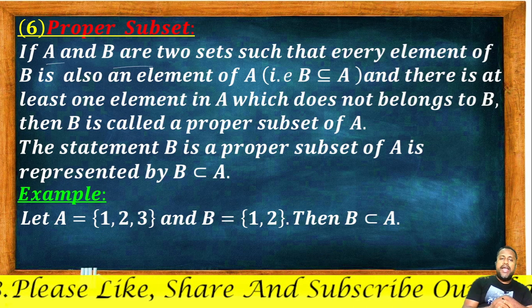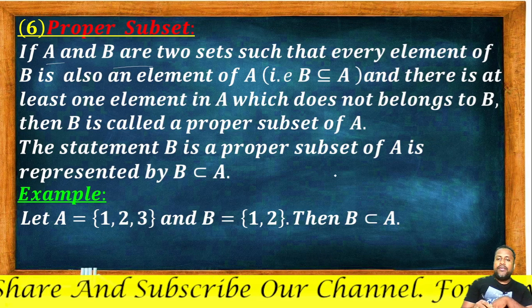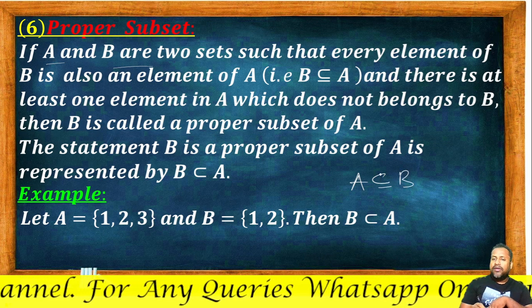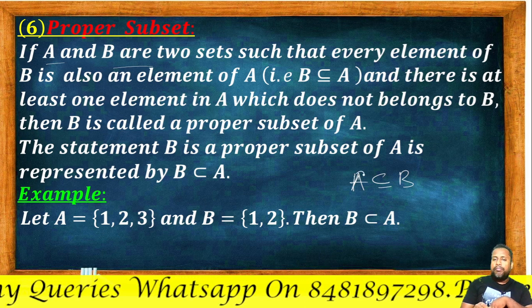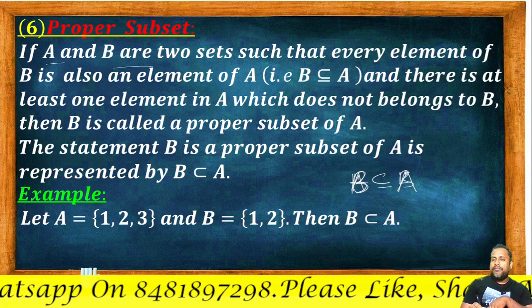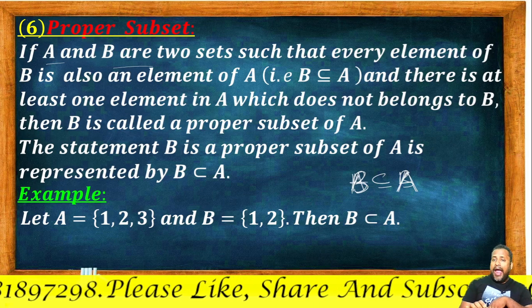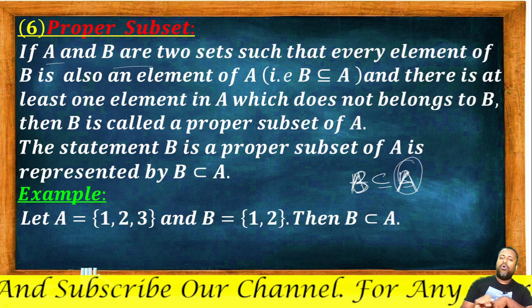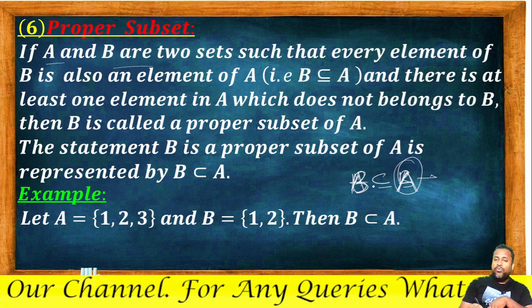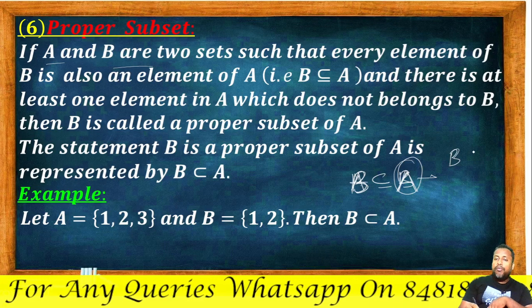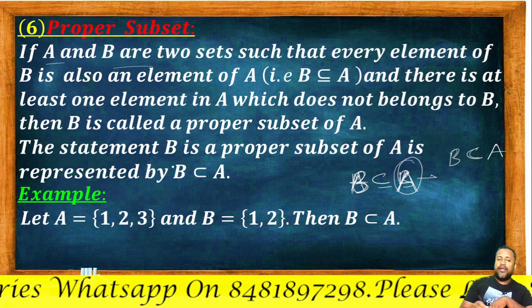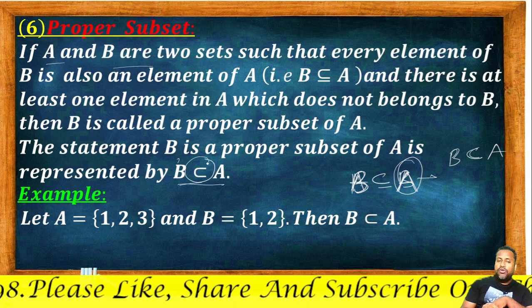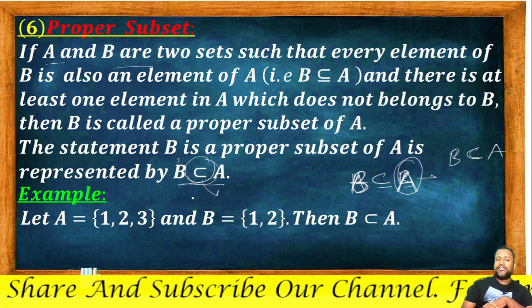Suppose A and B are two sets such that every element of B is also an element of A. That means B is a subset of A, and there exists at least one element in A which is not in B. Then we can say B is a proper subset of A, and for proper subset we use this notation.